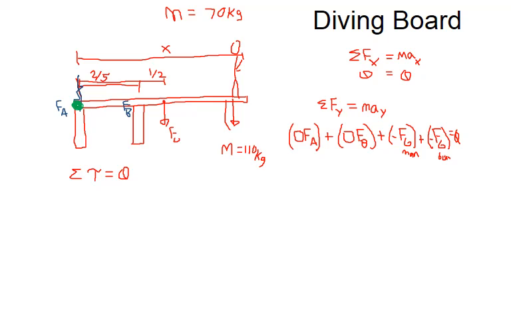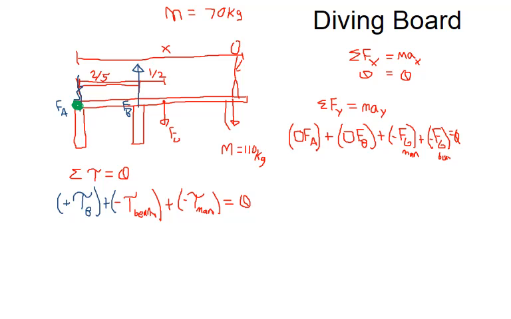So if we do that, we know that the board itself is going to have a clockwise rotation. The man's going to have a clockwise rotation in terms of torque. So we know that FB must counteract that, in the opposite direction. So that must be a positive torque, while the other two are negative torque. So we can set that up, FB and then the beam and the man.